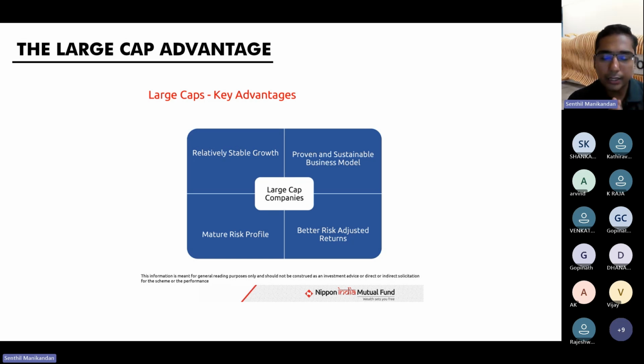They are usually the market leaders in their own business, and that enables them to have much better growth. Also, in terms of balance sheet and cash flow, they are much better positioned than the small and mid cap companies.